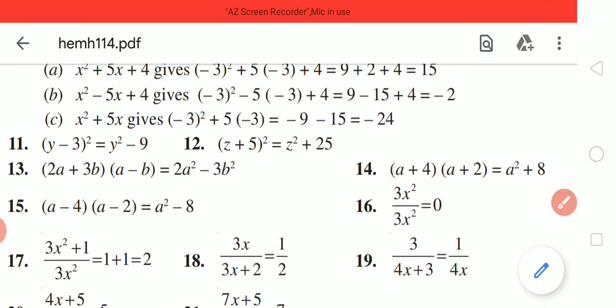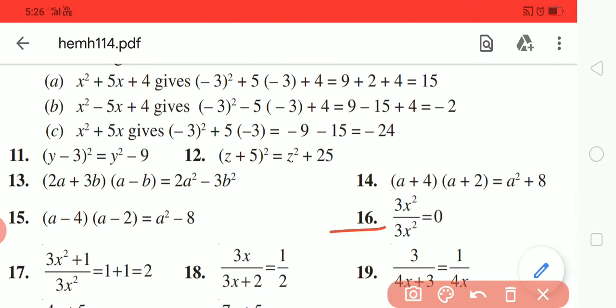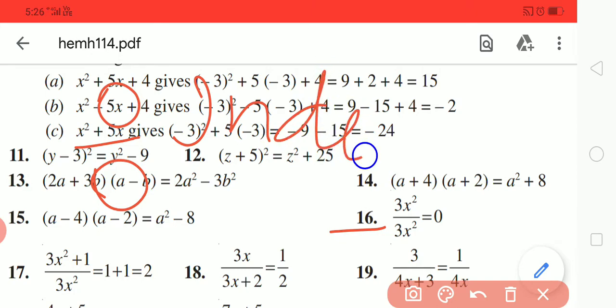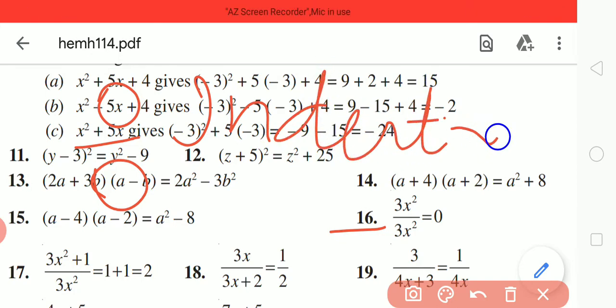So let us come to question number 16. As you can see, 3x square divided by 3x square, without considering the case of zeros, means 0 by 0, only this case is indeterminate form, right?